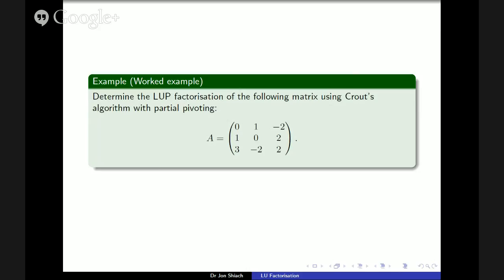You do start to recognize a pattern here, like for example this one, A33, 3113, 3223. Or you can just look at the formulae from Crout's algorithm.